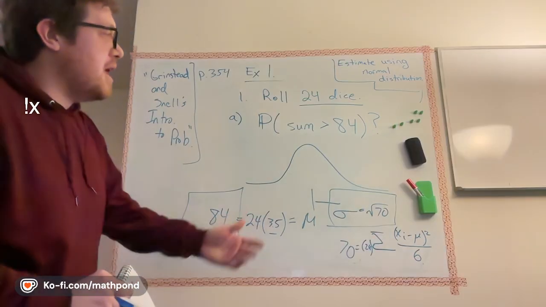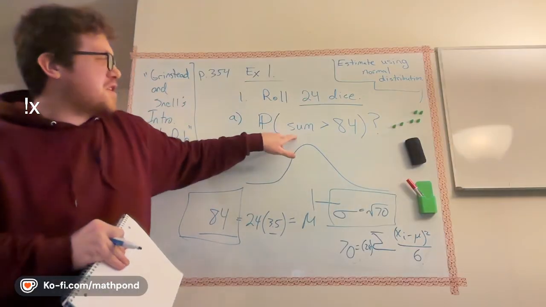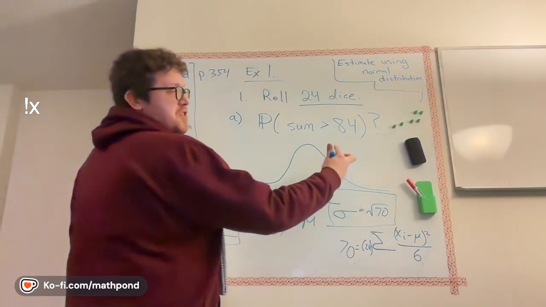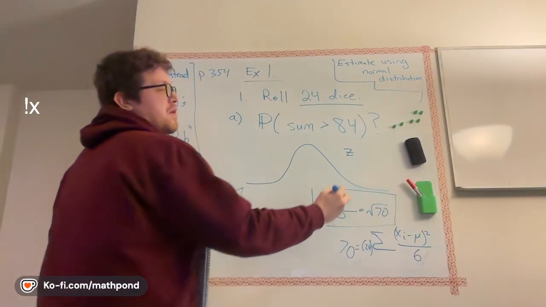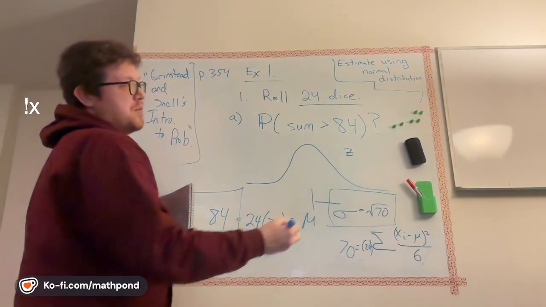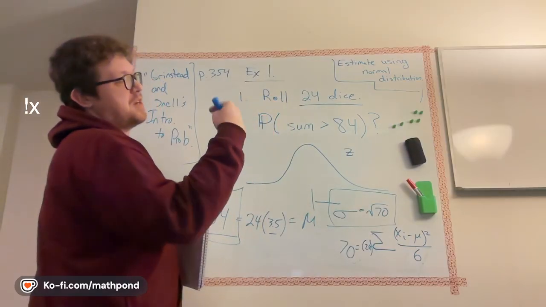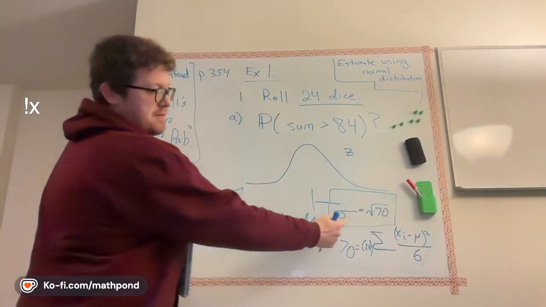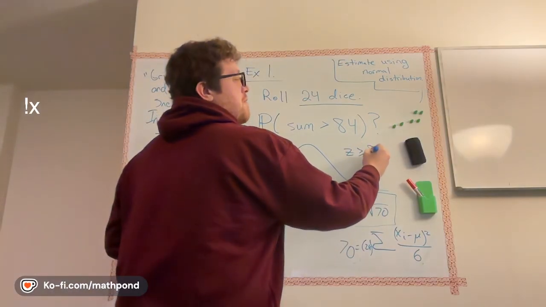Right, so then, yeah, Jeff pointed out that it's a little bit of a trick question because we're asking if the sum is greater than this, so we want to use an estimation. We're going to check when the normal distribution with this mean and this standard deviation is greater than or equal to 84.5.